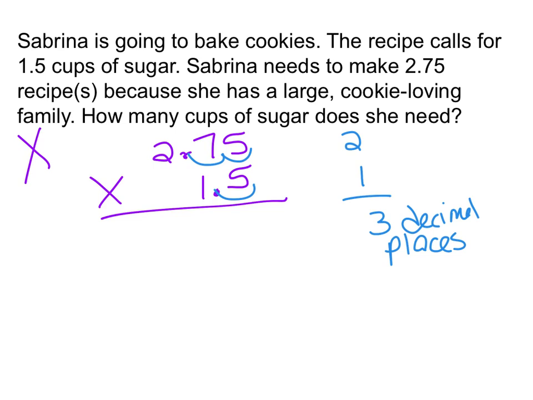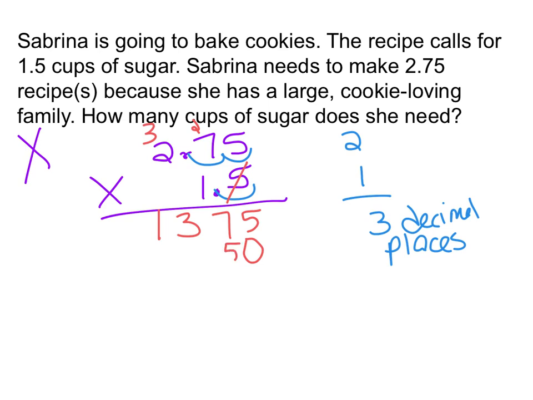Now I'm going to multiply like you regularly do. 5 times 5 is 25. 5 times 7 is 35, plus 2 is 37. 5 times 2 is 10, plus 3 is 13. Now I add a 0 because I already did the 5, so now I'm doing the 1.